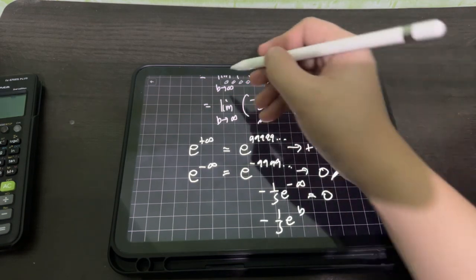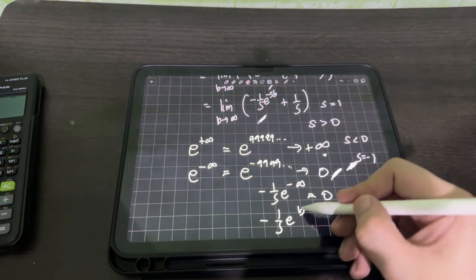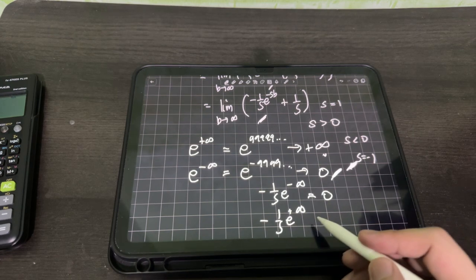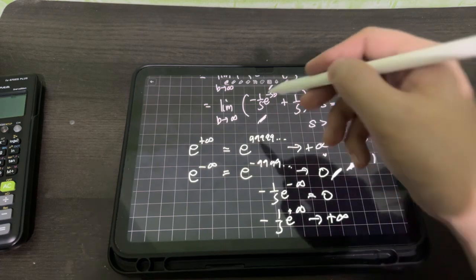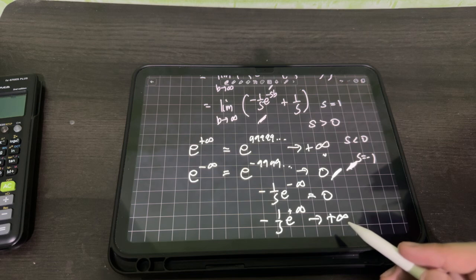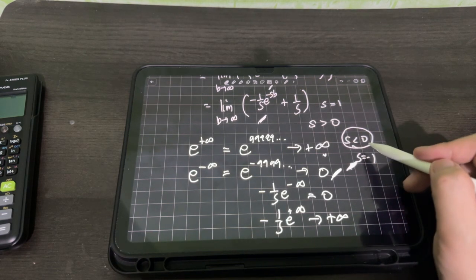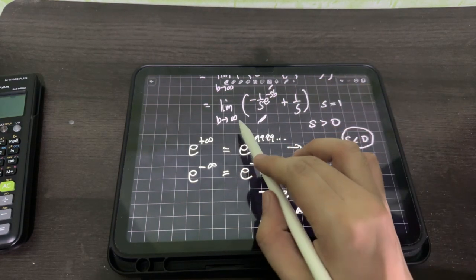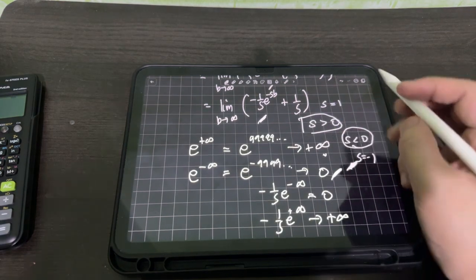Since b is approaching infinity, if you substitute infinity in place of b, it will be e raised to positive infinity, which will become positive infinity. It will not converge. It will diverge to positive infinity. There will be no finite value. So we will avoid values of s less than 0 because they make the limit of this expression as b approaches infinity diverge. What we will accept is s greater than 0.